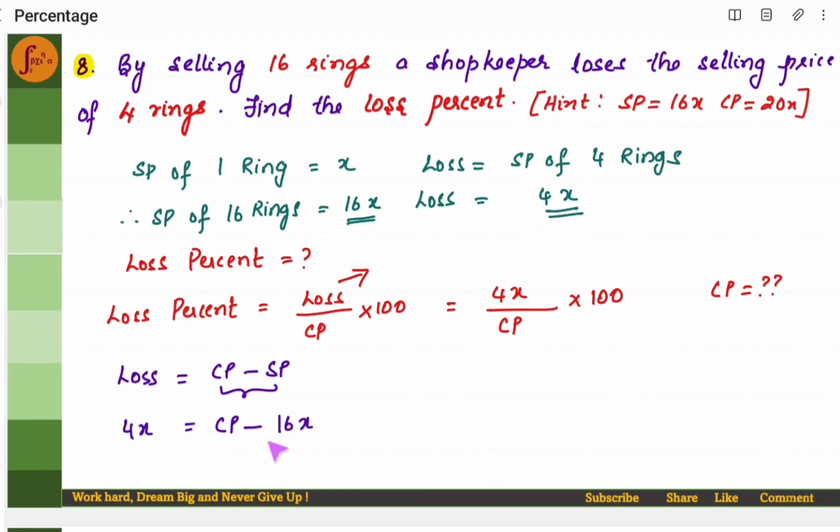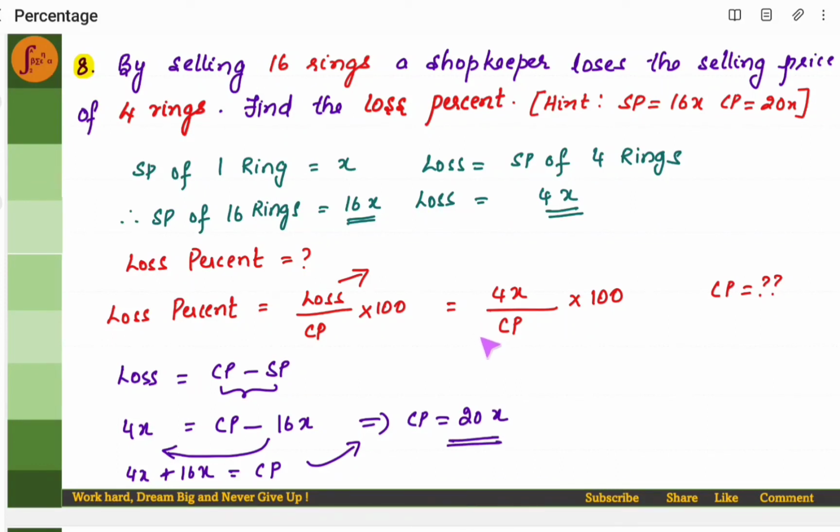Therefore, we'll shift 16x this side. We'll get 4x plus 16x is equal to cost price. This indicates cost price is equal to 16x plus 4x, which is 20x. So cost price is 20x.